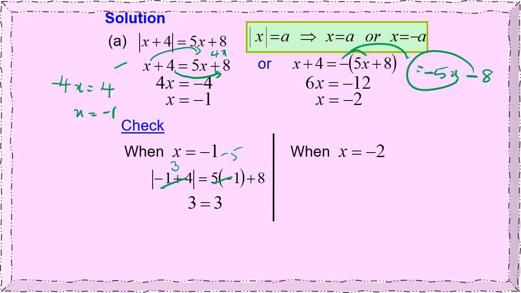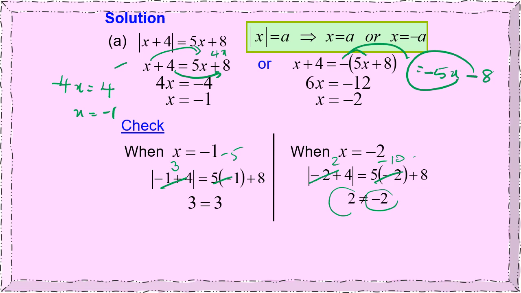So we can accept x equal to -1. How about x equal to -2? On the left hand side we get -2 plus 4, which is equal to 2. And the right hand side we get 5 multiplied by -2 is -10 plus 8, equal to -2. So now we have 2 on the left hand side and -2 on the right hand side.